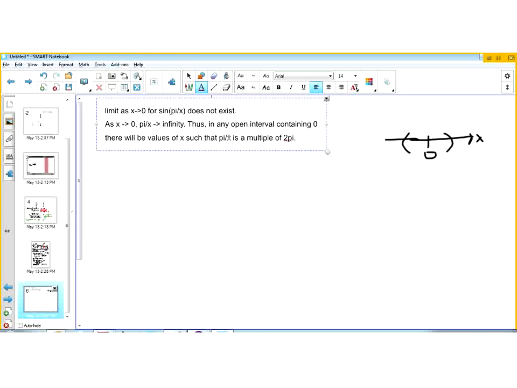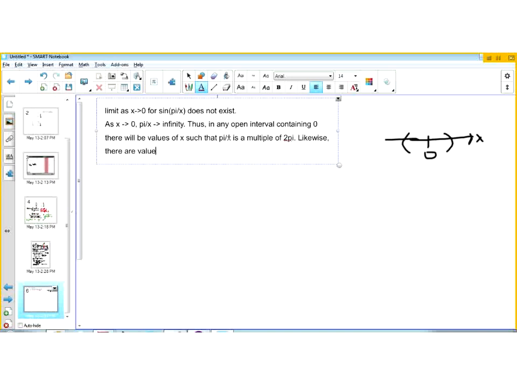If x equals a half, pi divided by a half is 2 pi. How about x equals a quarter? Pi divided by a quarter is 4 pi. So there are an infinite number of choices of x that I can choose. Okay, so you understand this.